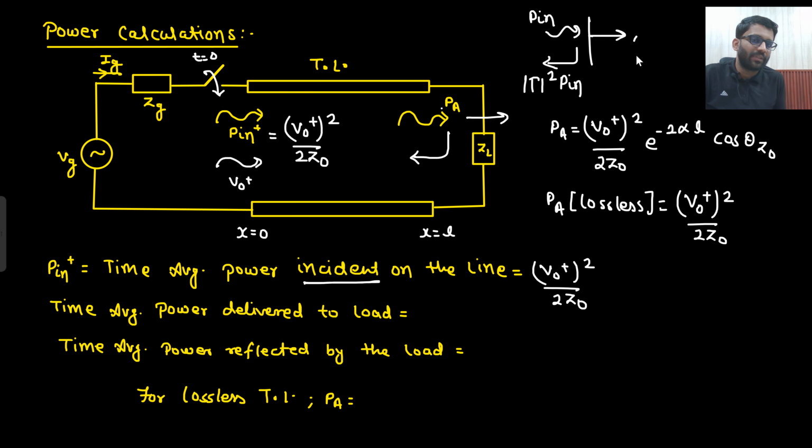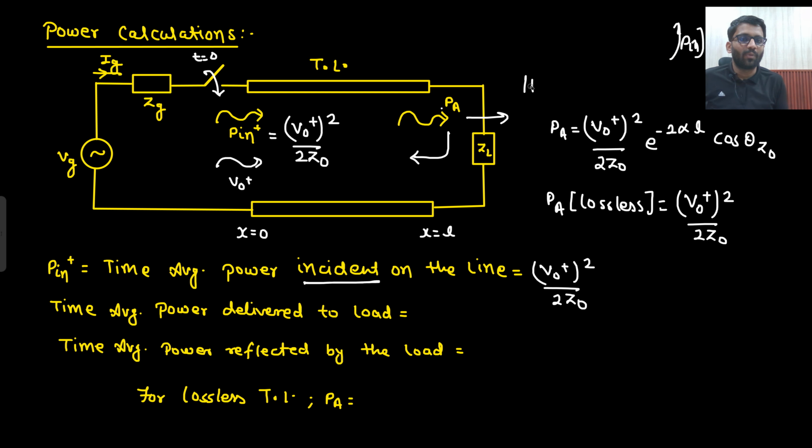And how much power will be transmitted? 1 minus gamma square P in. If you remember the case of normal incidence, there I told you P in power will be coming, gamma square P in will be reflected back, and 1 minus gamma square P in will be transmitted. Same thing will be happening here. Here, PA power is reaching. So how much power will be delivered?